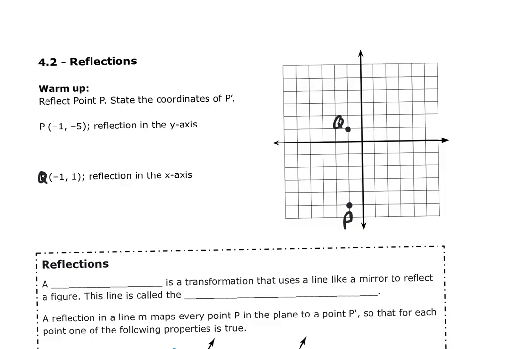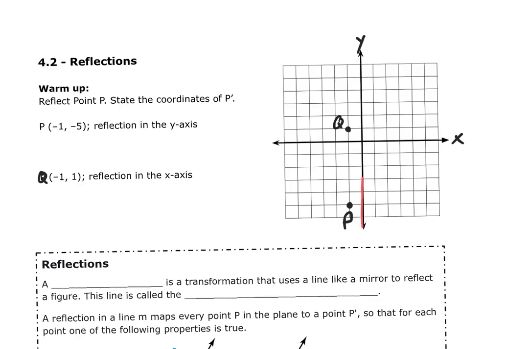Now, here's what we're going to do today. This one says we're going to reflect it in the y-axis. And what that means is we're going to reflect it over the y-axis. So we know this is the y-axis, this is the x-axis. So right here, P, how far is P away from the y-axis? 1.